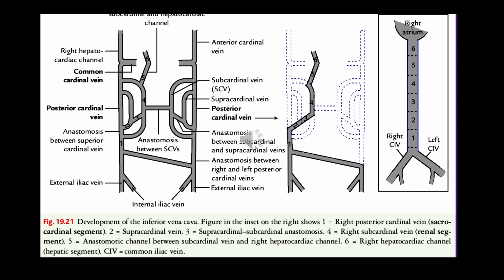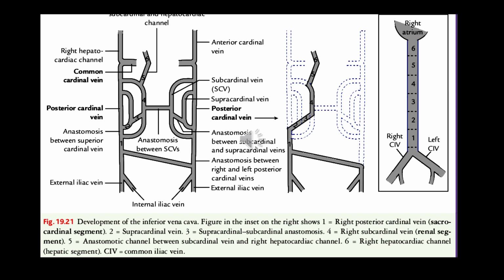A schematic diagram, starting from the left extreme: the 2 posterior cardinal veins, right and left, and the independently formed external and internal iliac veins will join the corresponding posterior cardinal veins, and there is a cross communication between the 2 posterior cardinal veins.